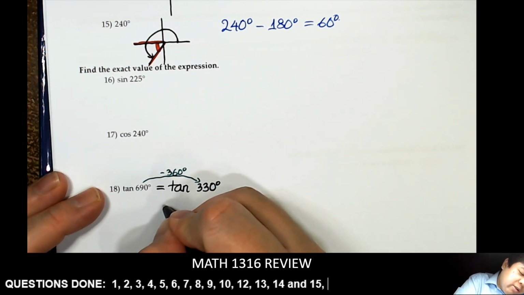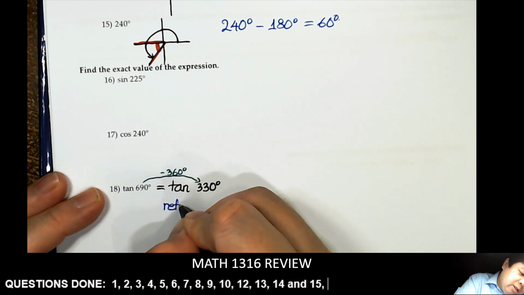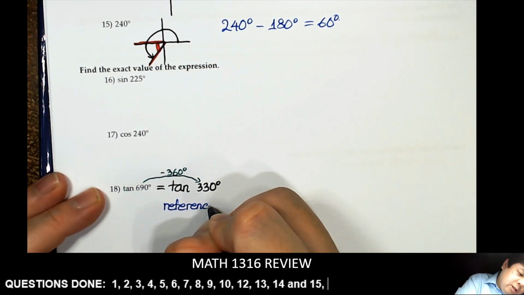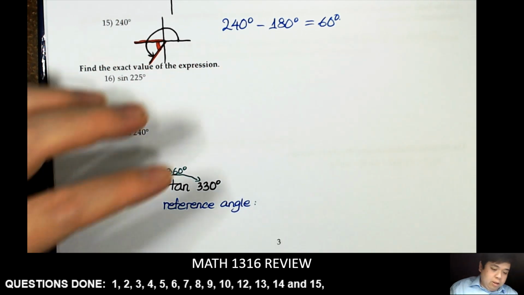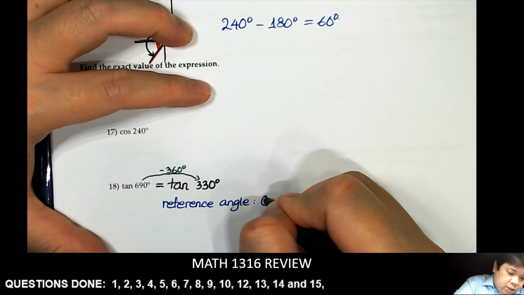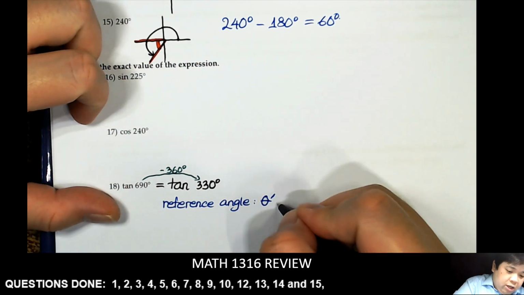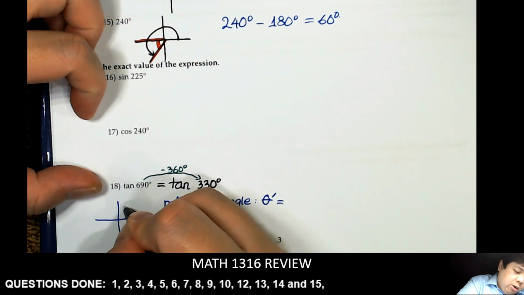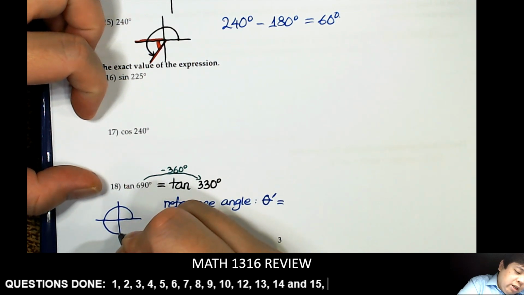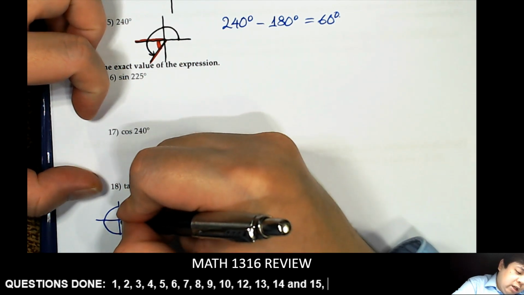So the reference angle, we use this notation. It is 330 degrees: 0, 90, 180, 270, and 330.